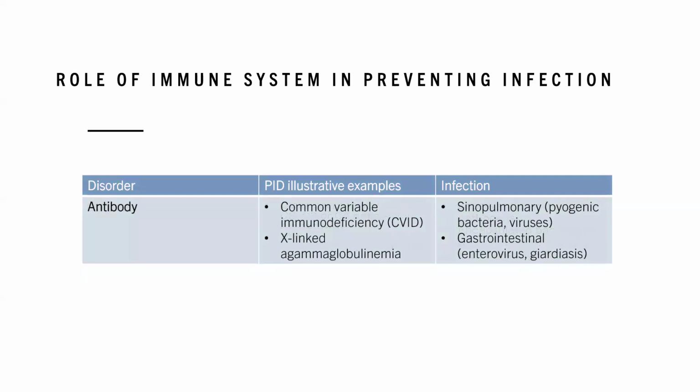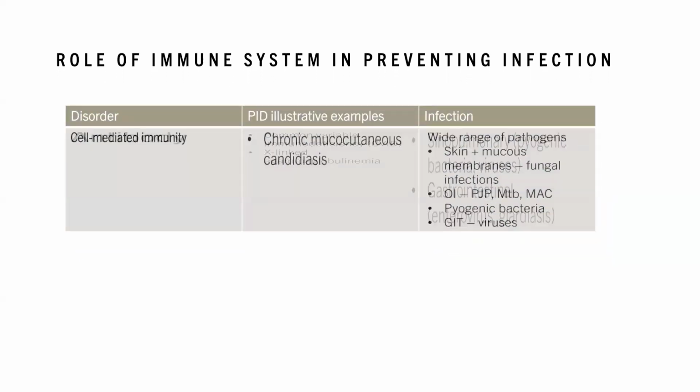Where there's antibody deficiencies, good examples of this might be common variable immunodeficiency syndrome or X-linked agammaglobulinemia. And these patients generally present with sinopulmonary infections, so sinus infections, recurrent pneumonias, and also GIT infections. So wherever, obviously, antibodies are primarily involved in defense.